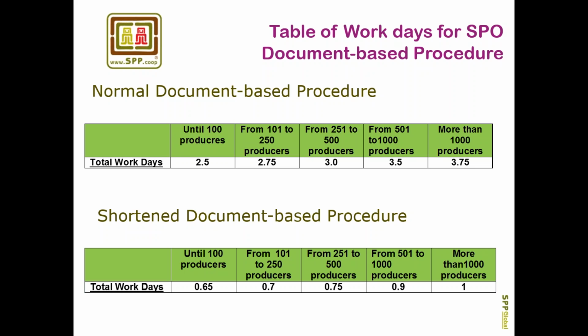Then the certification entity has to review the activities included that we consider in the regulation on costs, what are the activities for the document-based procedure, and the activities that they consider for all the general process that they conduct as a certification entity. And finally, certification entities have to establish a fee per day.